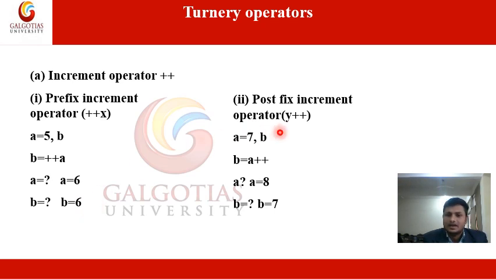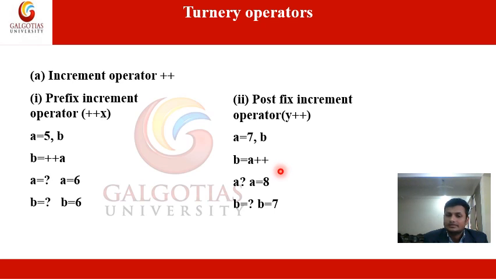Against this, we have the postfix increment operator, where the operator comes after the variable. For example, A equal to 7 and B equal to A plus plus. We are going to find out the values of A and B after resolving this.